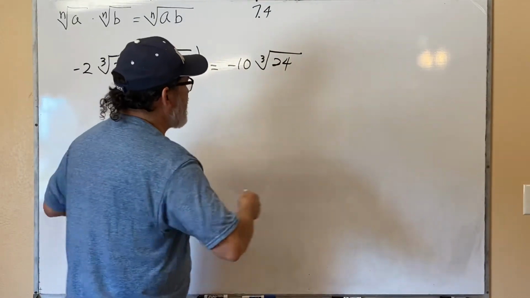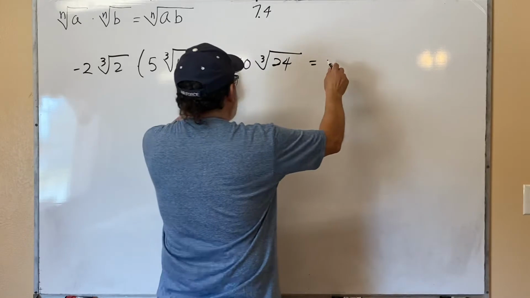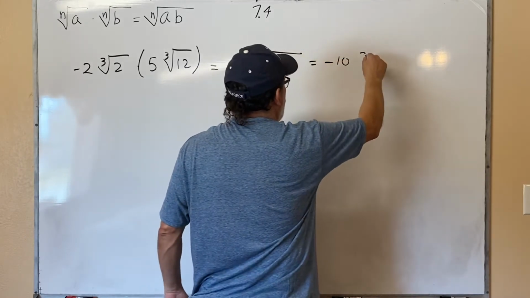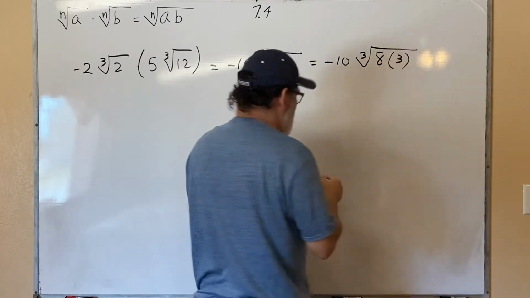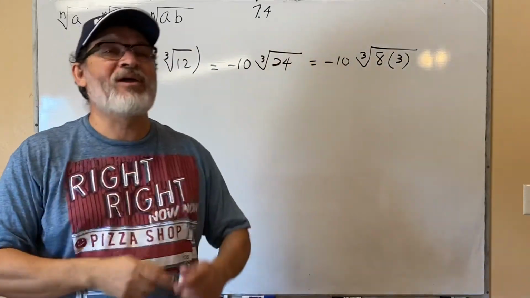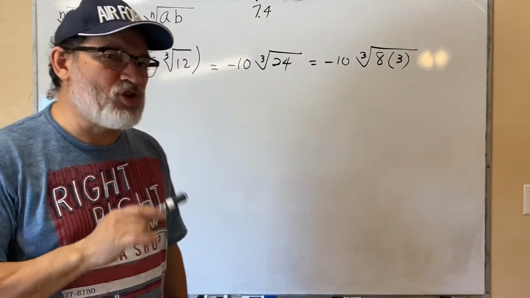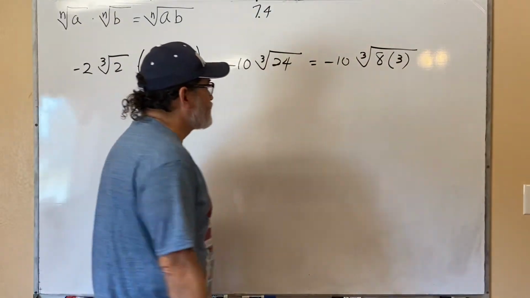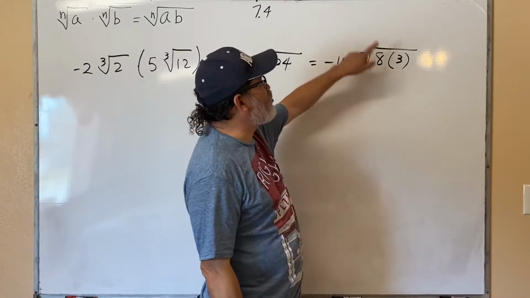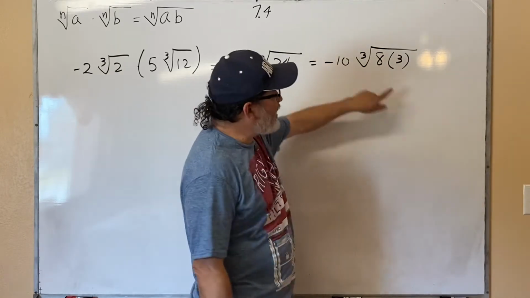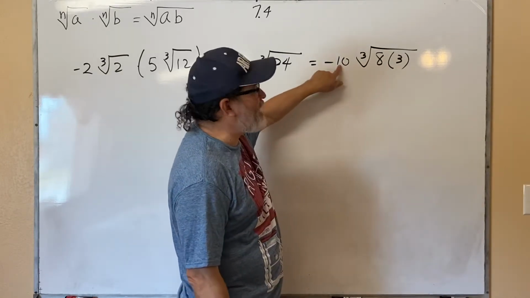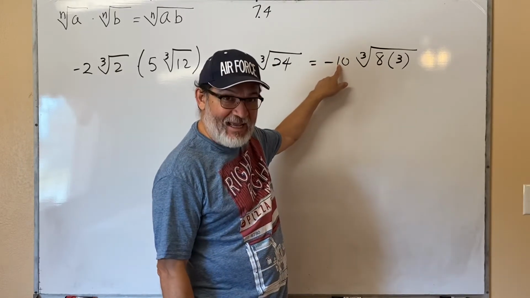So therefore, I'm going to say this is -10, the cube root of 8 times 3. 8 times 3 is 24, and 8 is a perfect cube. So I'll take the cube root of 8, which is 2. And that 2, when it comes out, gets multiplied times the -10.